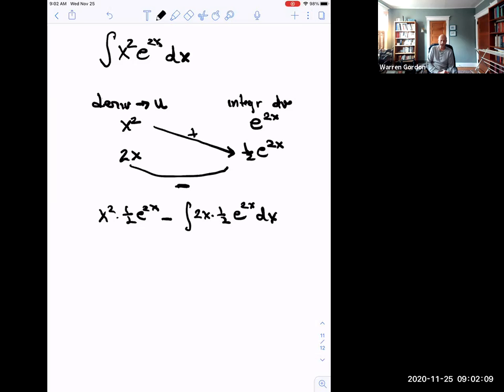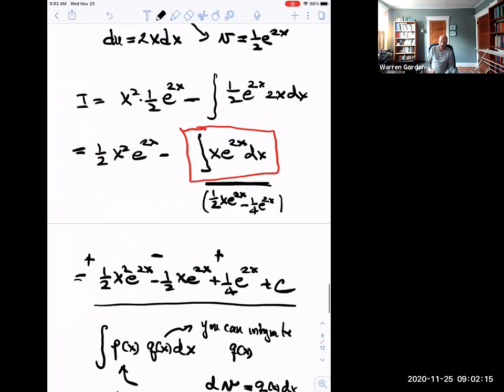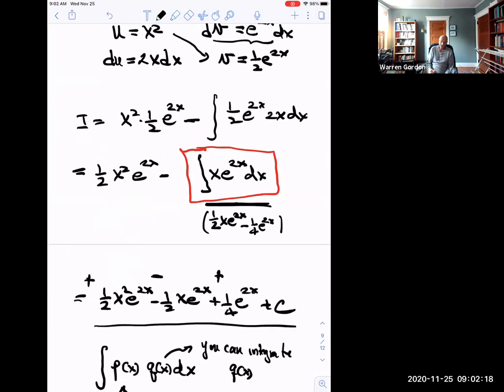This is just a shortcut method. Now notice this is exactly the integral I had up here. There it is.